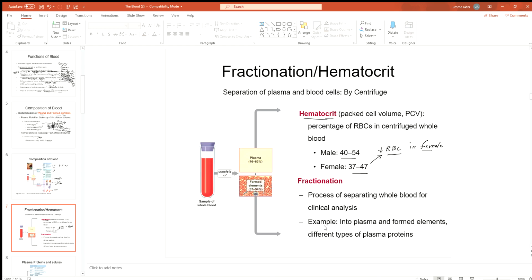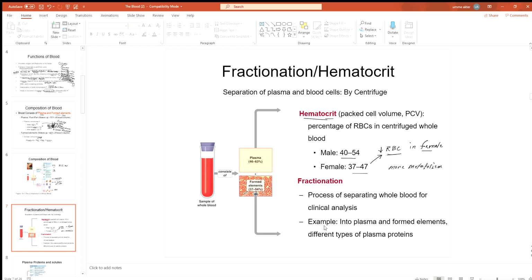Why is the count of red blood cells more in male than female blood? Two main reasons. One is the male body is more muscular, so there is more metabolism, and you all know that metabolism needs oxygen.